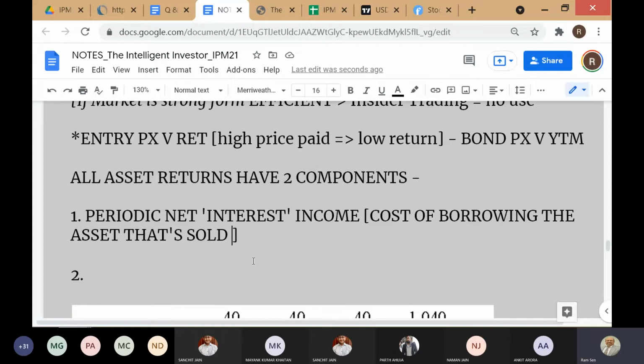Then you have to look at the rental returns on the mall: every year, how much rental return do you make, etc. So periodic net is the cost of borrowing the asset that is sold, adjusted by return, let's say investment.